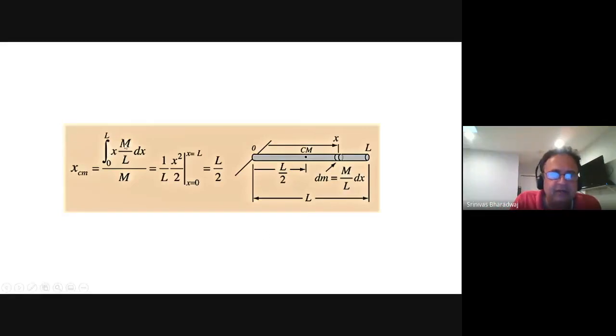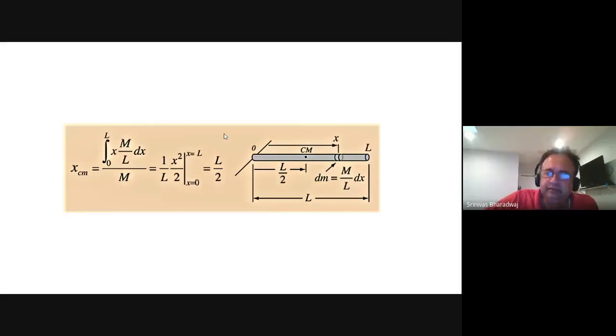So how do you do this dm? What is dm? Dm is the mass at a distance x. If the mass varies with distance, then dm will be different.